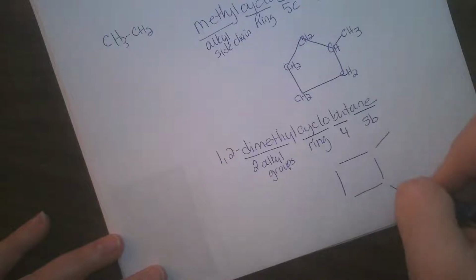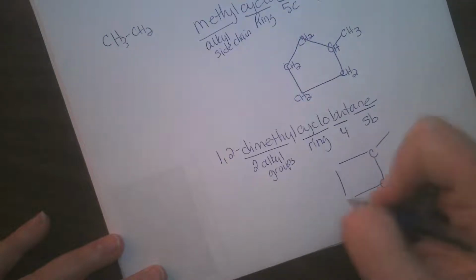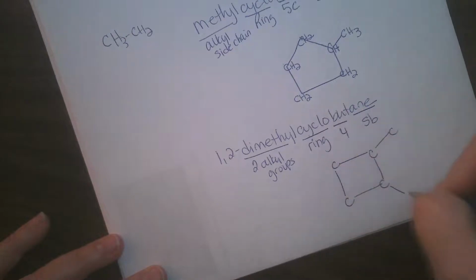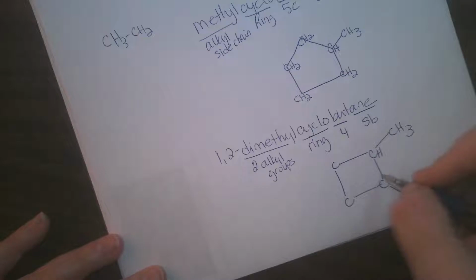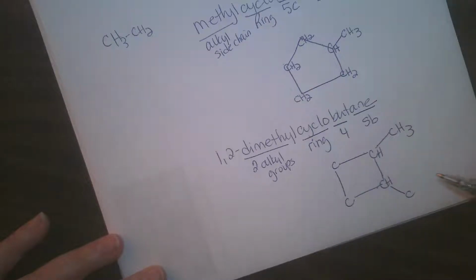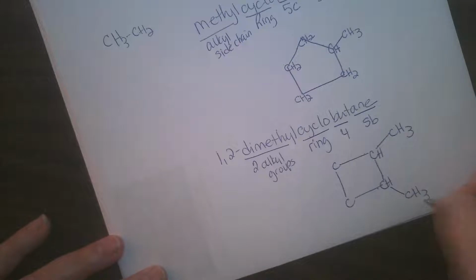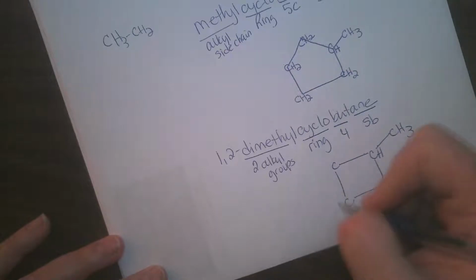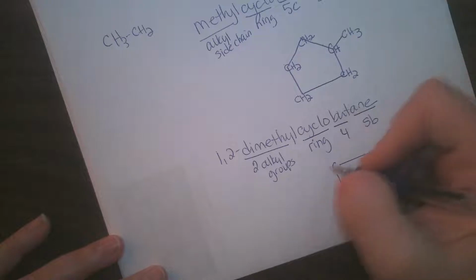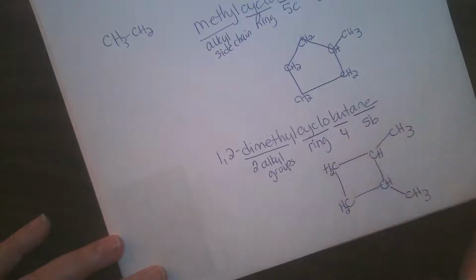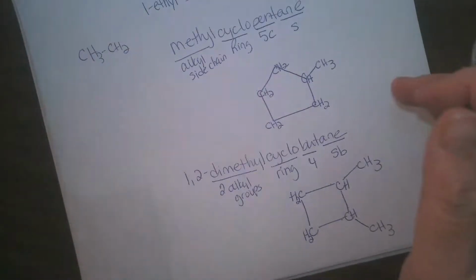Off of 2, we're going to have a methyl group. I'm going to put a carbon in each one of these spots. So this has got 1, 2, 3 bonds, so there's going to be an H there. This is going to be H3. This one here has 1, 2, 3, so there's only going to be one H. This one here will be H3. This carbon has 2 bonds, so it's H2. And this one here is going to be H2 as well. Okay. Rock solid. Question 20 says, name each of the following cyclic hydrocarbons.